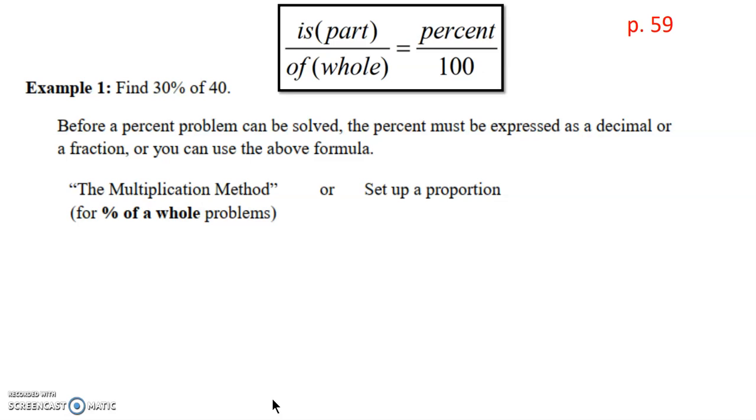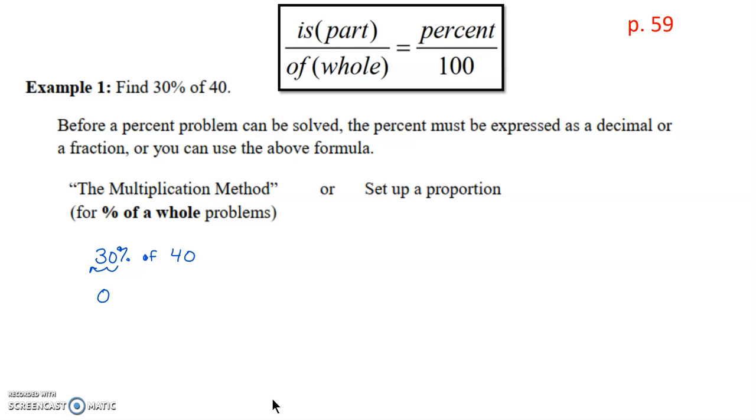So if we're looking at 30% of 40, we can change the 30% to a decimal. Now we learned how to change percentages to a decimal by dividing by 100 or moving our decimal 2 places to the left.